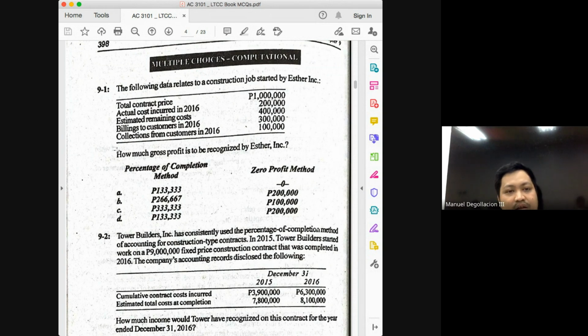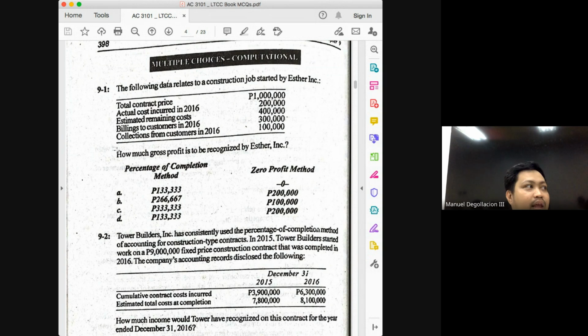The total construction cost, the total cost that you will incur to complete the project from start to finish. And in this problem, it would be composed of your cost incurred in 2016. That is the cost incurred for the current year since 2016 is the first year of the project.